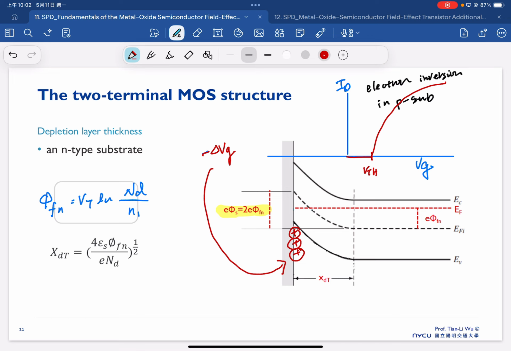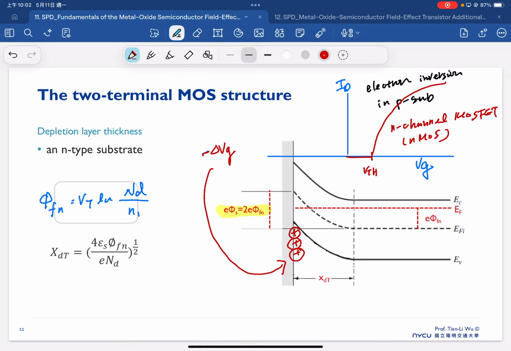Because this is electron conduction, we also call this an N-channel MOSFET, so we call it an NMOS in brief.